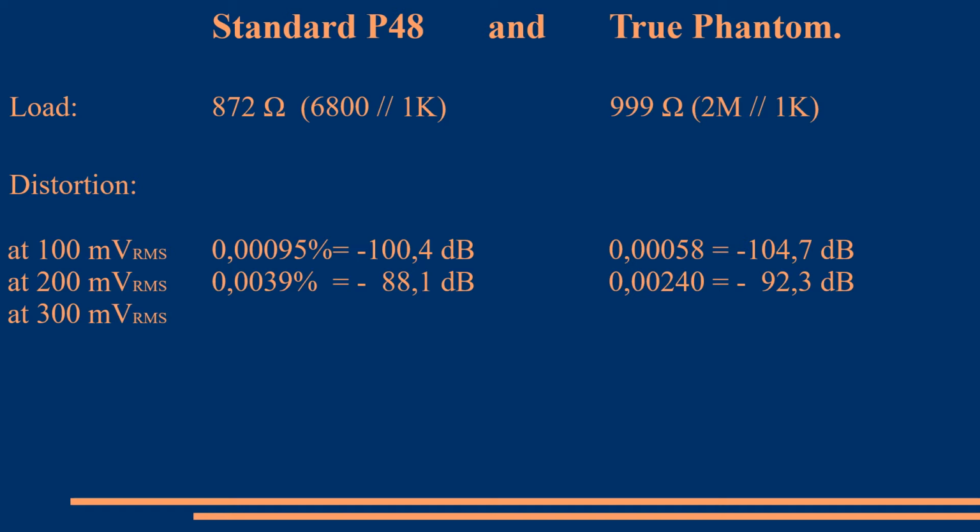At 200 millivolts, the distortion products are minus 88 decibel, and for the true phantom minus 92 decibel. At 300 millivolts, the distortion products for the standard are minus 75 and minus 79 for the true phantom.